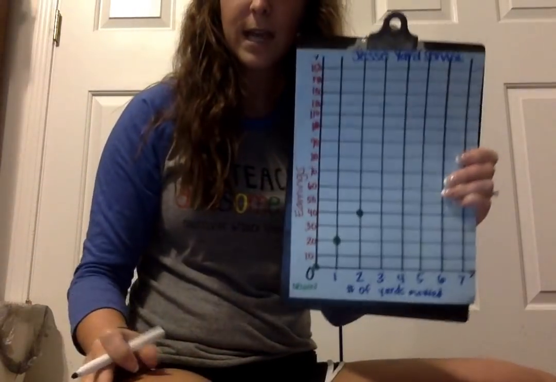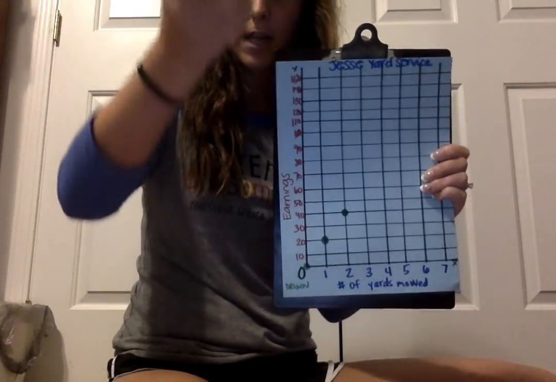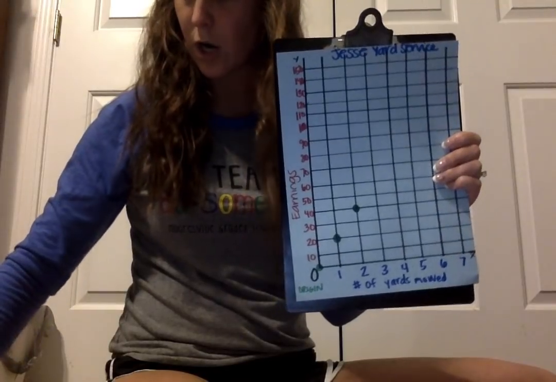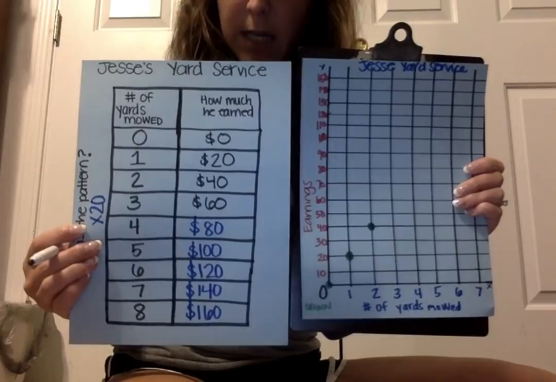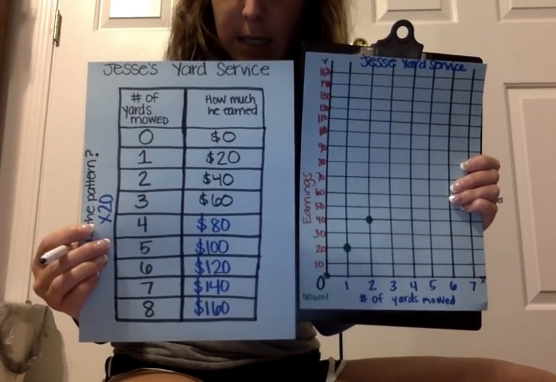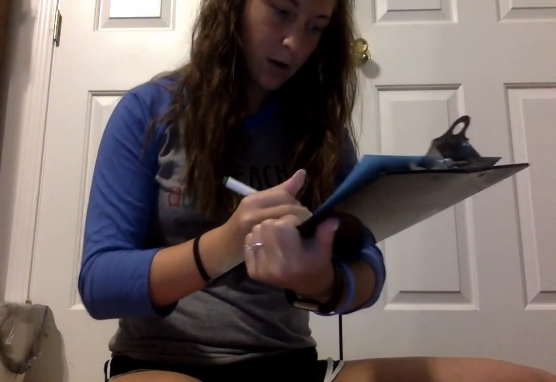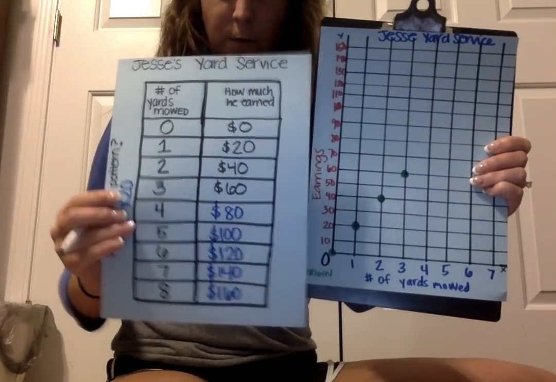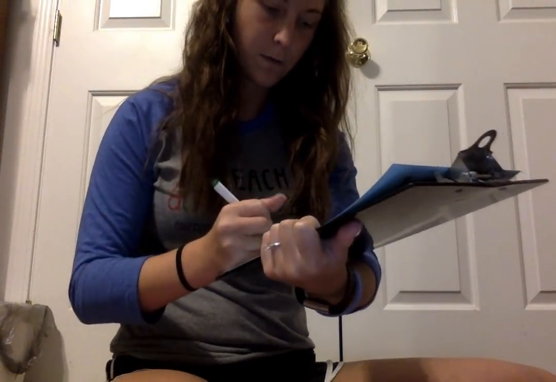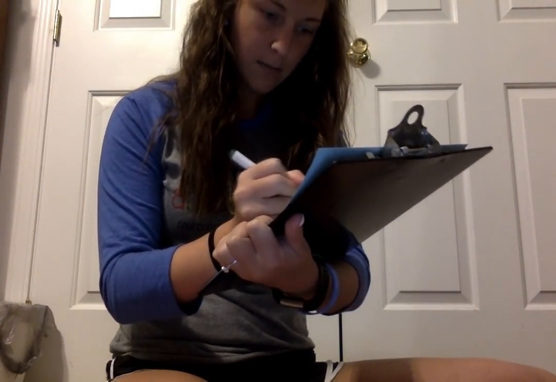Remember that you always have to go over to the side first and then go up. You crawl before you can walk is the hint that we use in my room. The next point is (3, 60). So for 3 yards, he gets $60, and I've plotted that one right there. The next one is (4, 80), over 4, up 80.